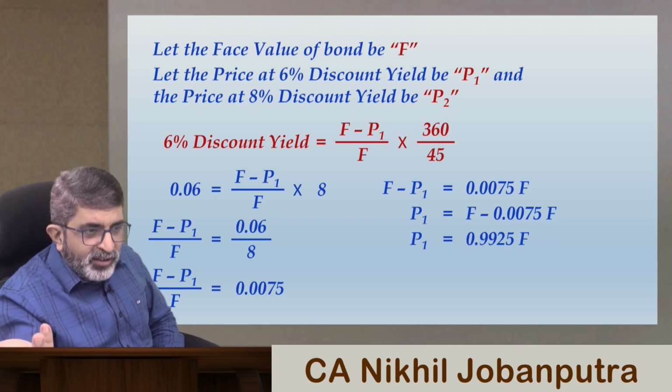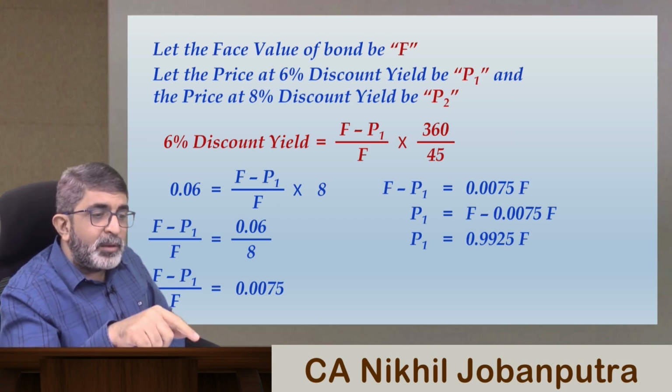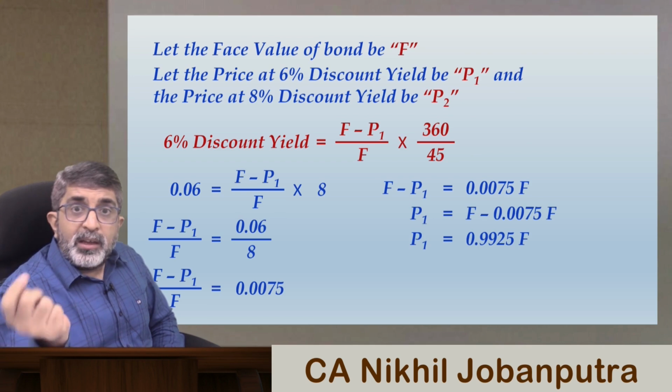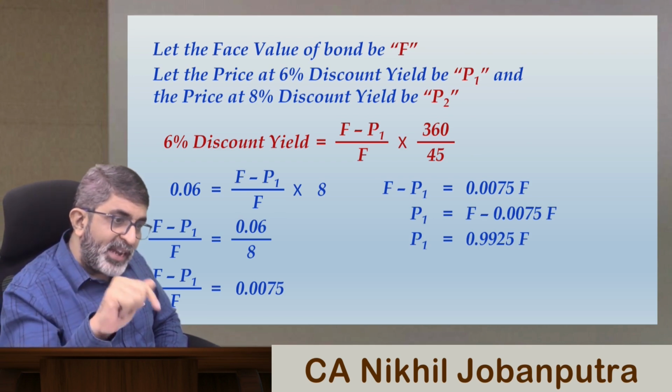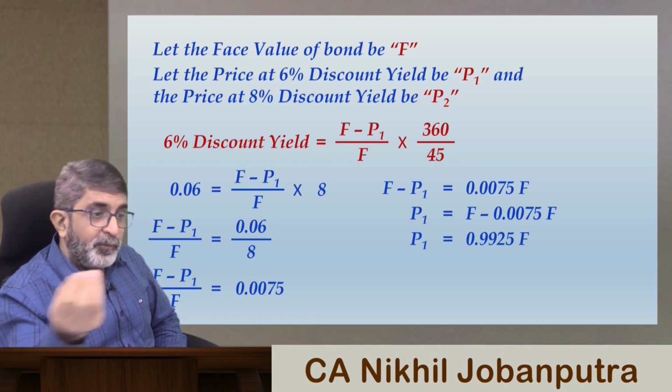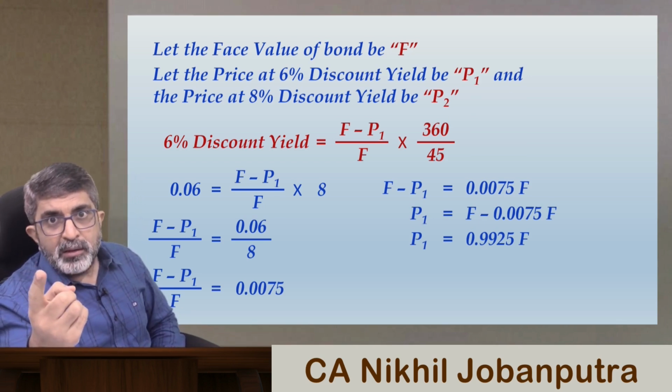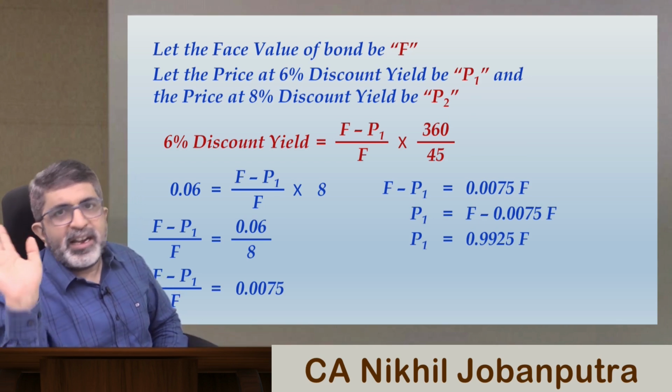Now if the face value is 100, the P1 price will be 99.25. If the face value is 1000, it will be 992.5. If the face value is just 1 rupee, the price is going to be 0.9925.